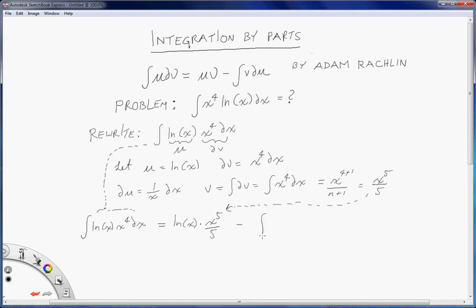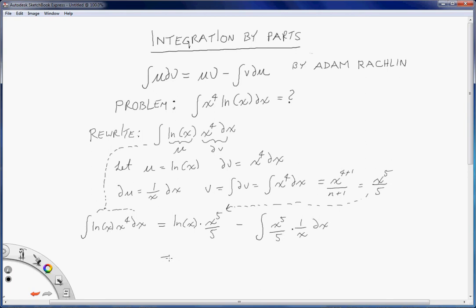Minus the indefinite integral of v, x to the fifth over 5, times du. And du, if you look here, we took the derivative of u with respect to x, that's 1 over x dx.